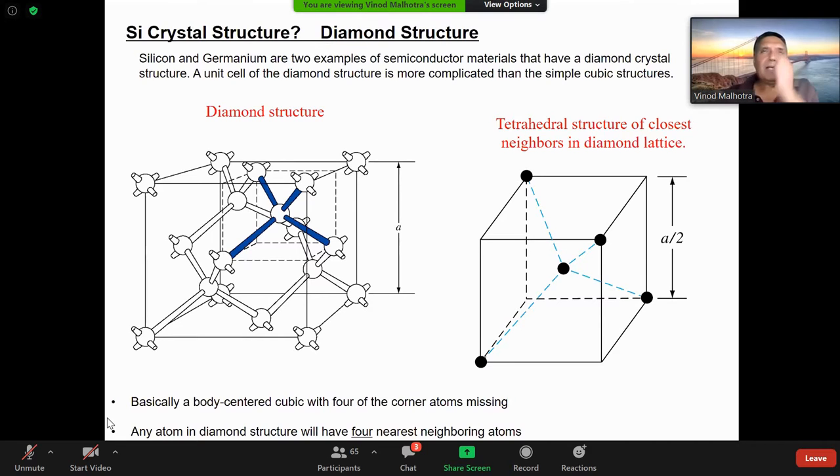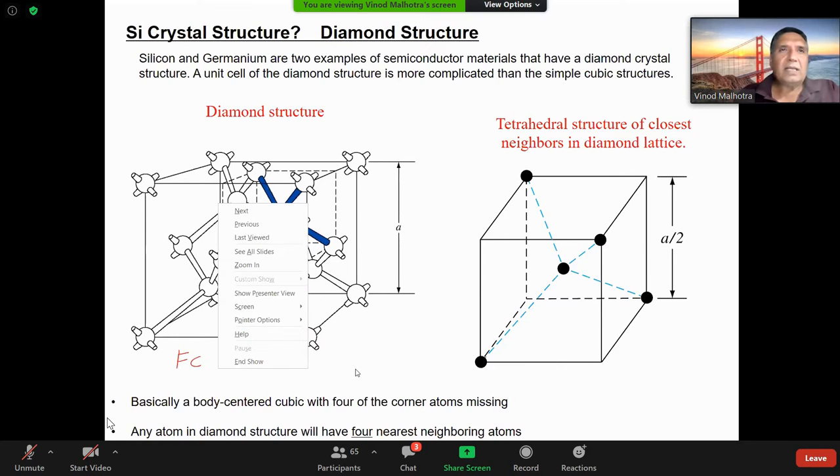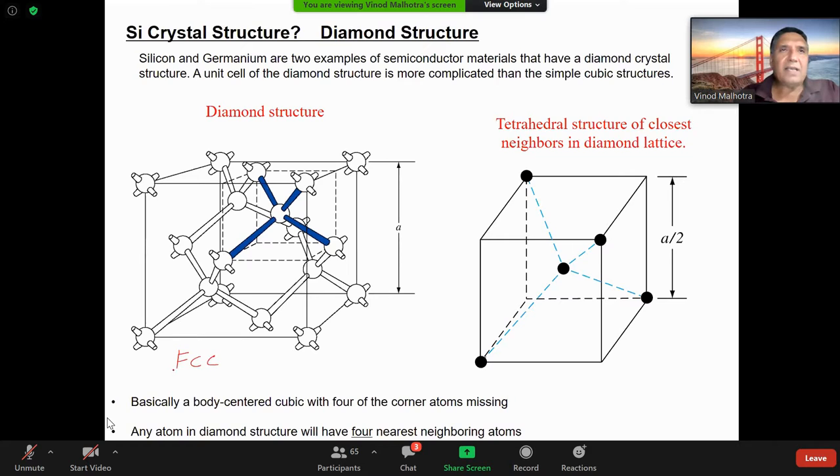All right, now, last time we said that the way that I like to look at it is that this is an FCC lattice. Now, if you recall, what is an FCC lattice? FCC is face-centered cubic. Face-centered cubic is a cube plus 4 atoms. Let me just complete the sentence. Plus 4 more atoms that are inside.